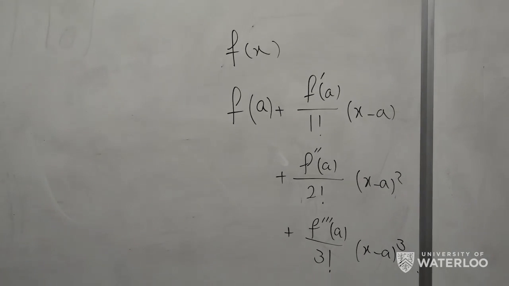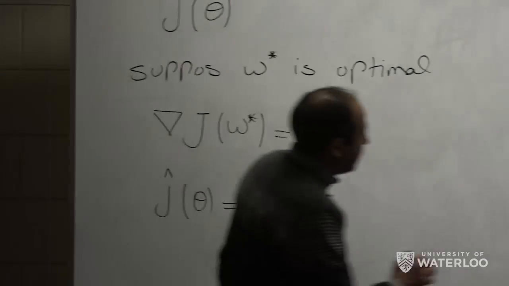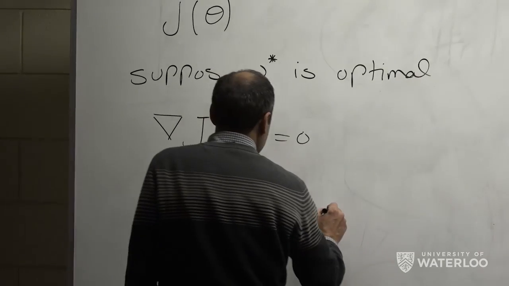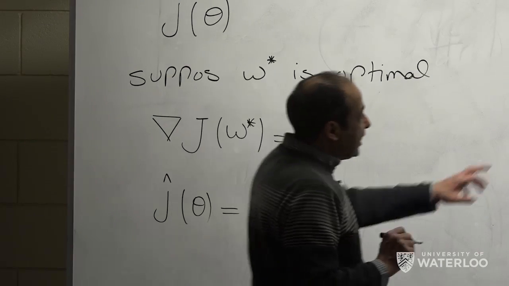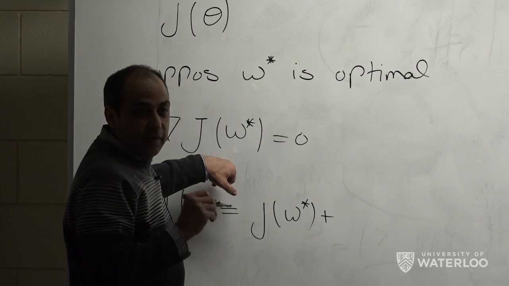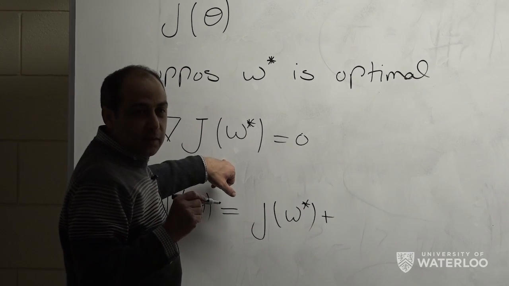That's the Taylor expansion. So I will write J at point W star plus the derivative of J at W star divided by 1 factorial times (W minus W star).